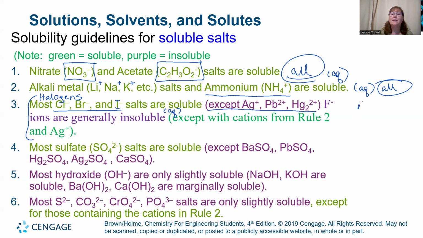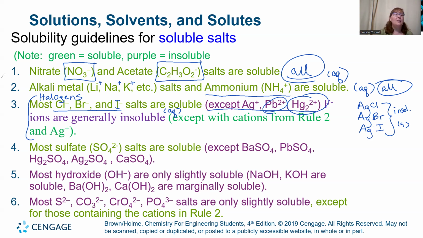So what that means is that, for example, silver chloride, silver bromide, and silver iodide are all going to be insoluble. And we could also put them with lead 2 or mercury 1. These are insoluble. They're going to be solids, not aqueous.